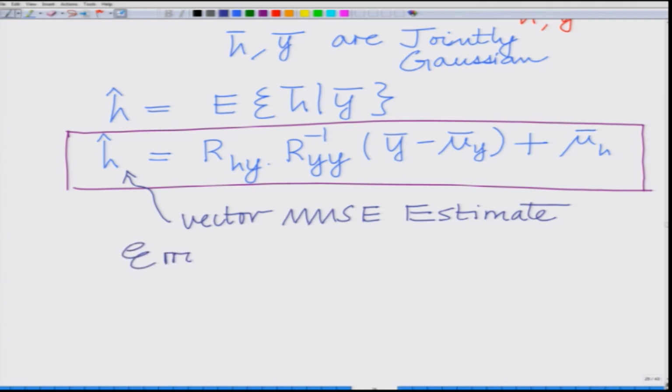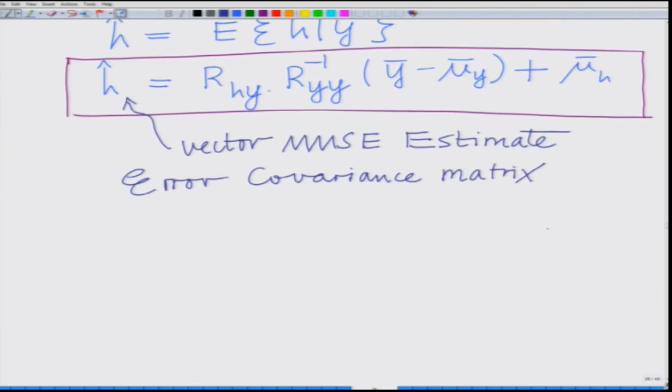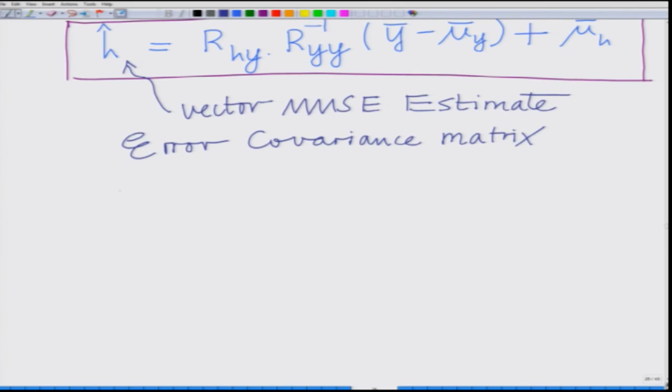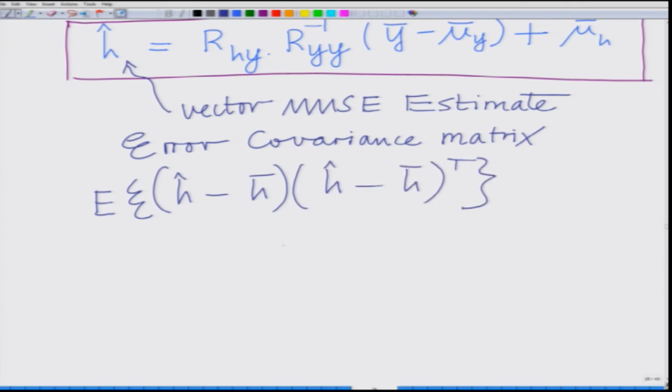Because we have a parameter vector, we have not simply the mean squared error, but rather the error covariance matrix, which is the expected value of (h hat minus h bar) times (h hat minus h bar) transpose.